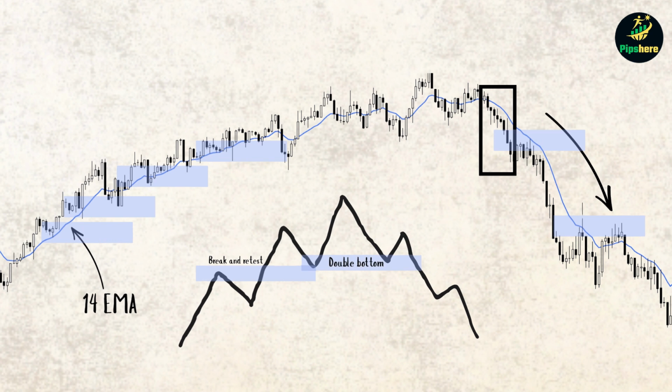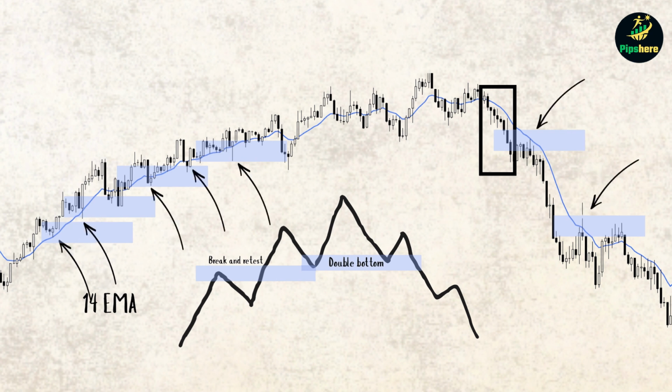However, if you observe the market carefully, you'll notice that price doesn't always respect these levels as much as traders expect. When the market is trending with strong momentum and volatility, it often creates new support levels as it moves higher. Instead of returning to old support zones, price frequently finds support at more recent levels and continues in the direction of the trend.